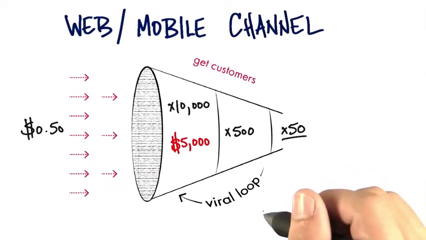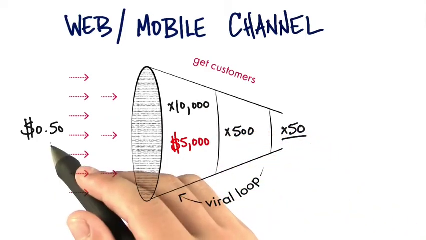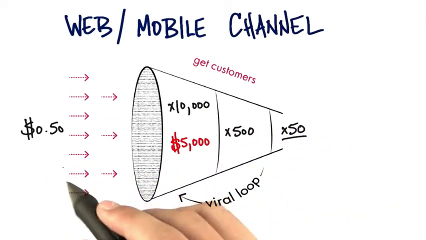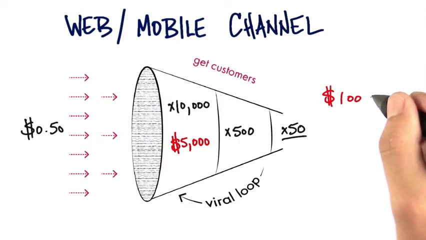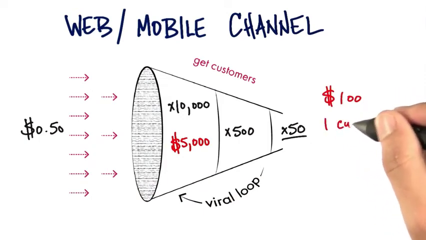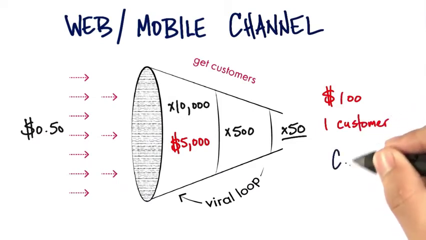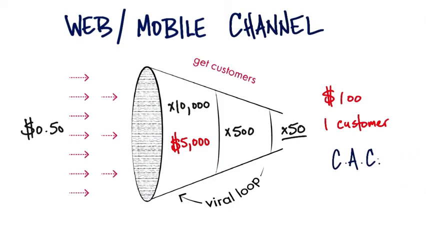So while 10,000 people looked great for $5,000 because it only cost me 50 cents per person, if we do the math, we can see it cost me $100 to acquire one paying customer. That $100 equals my customer acquisition cost.